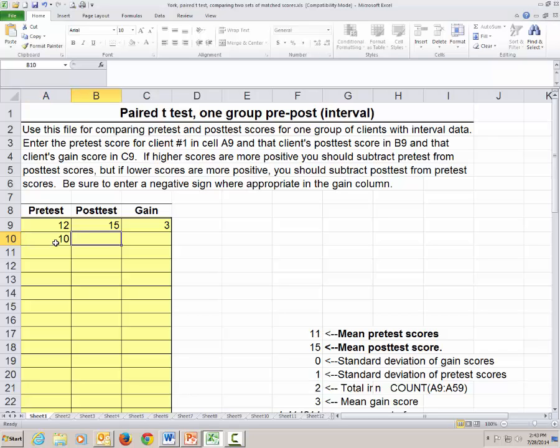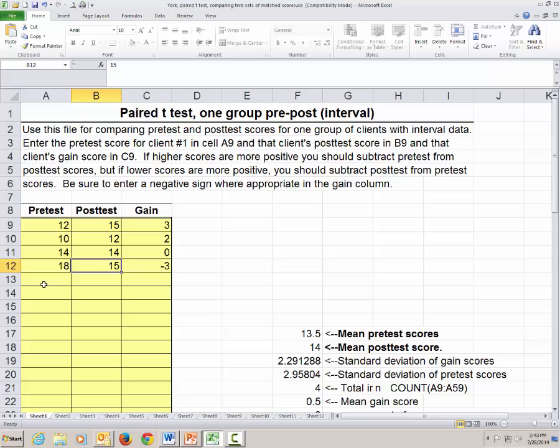And let's put a 10 right there. Let's put a 12 right there. And let's put a 2 right there. How about this one? 14 and 14, 0, meaning it didn't change. The next person, 18, 15, and now we have -3 because this person went down on self-esteem.